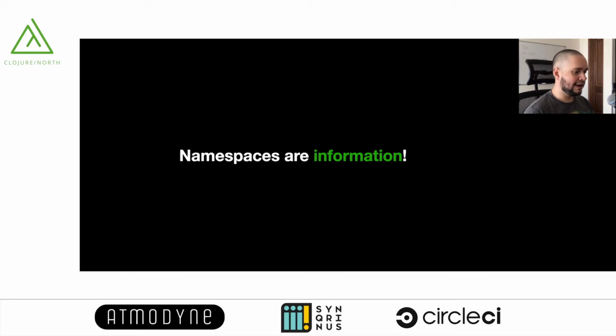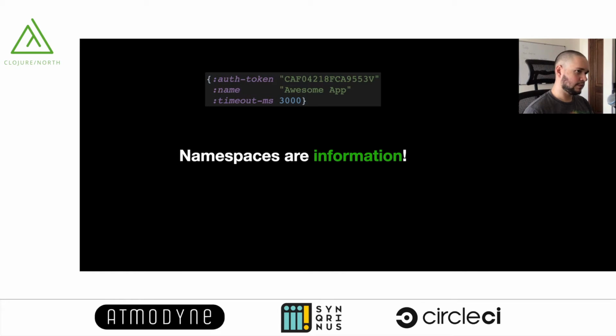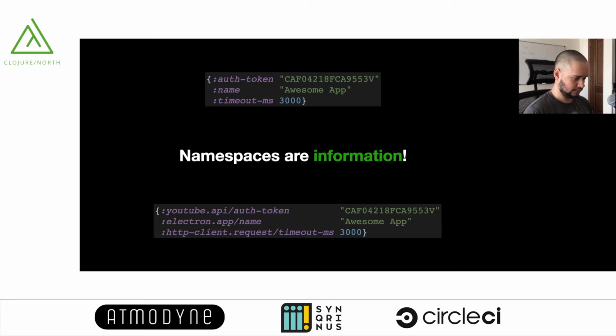And to exemplify that, look at this map. What does this map tell us? Well, the auth token probably authenticates something, the name of something, and something will time out after 3000 milliseconds. That's some information, sure, but let's compare it to this. Now, the namespaces can add the context and say, okay, auth token, but auth token about what?